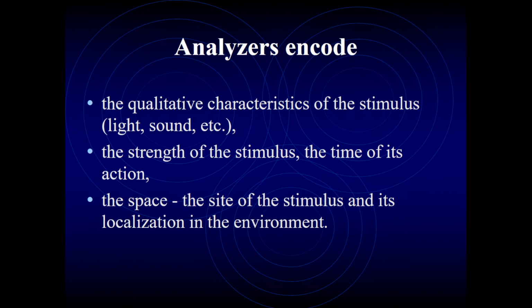Analyzers encode the qualitative characteristics of the stimulus, like light, sound, and other, the strength of the stimulus, the time of its action, and the space or the site of the stimulus and its localization in the environment.